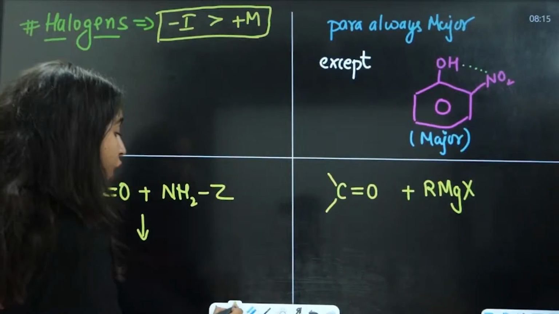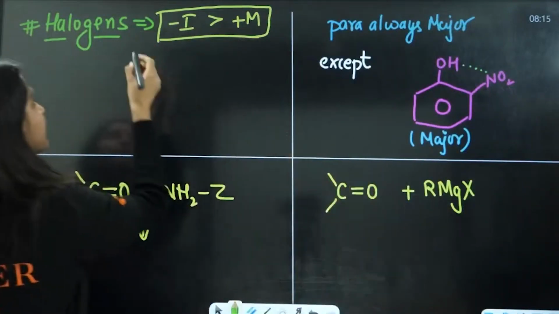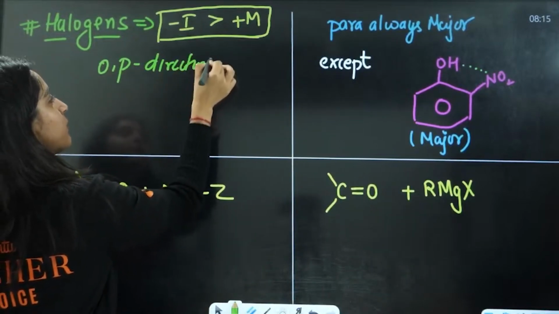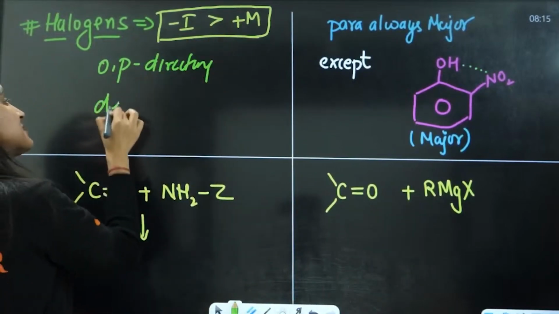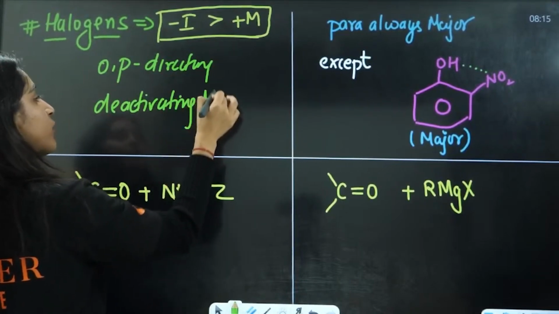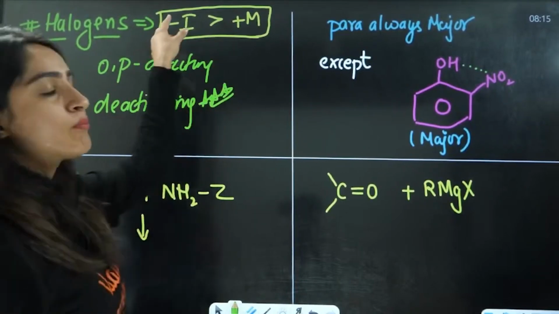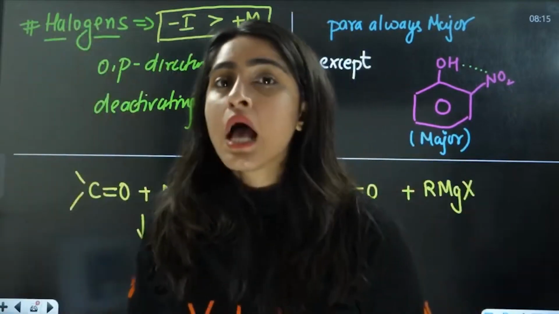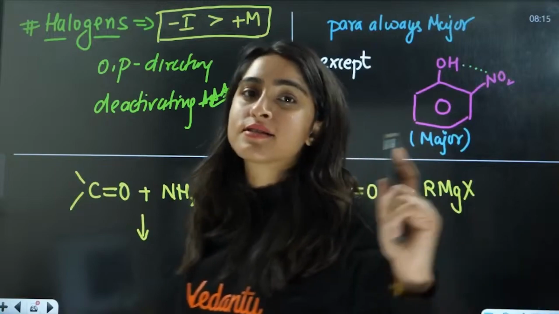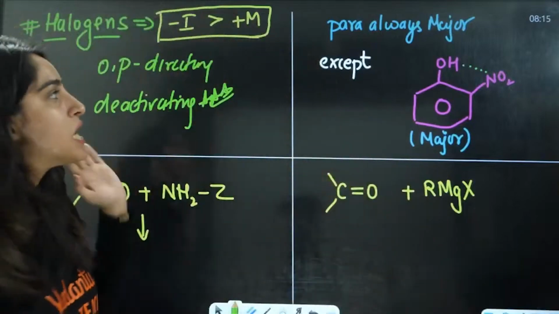That is why for halogens we write that this is ortho-para-directing because of the plus M, but it is deactivating. Very important thing. It is deactivating because of minus I dominance, but it is ortho-para-directing because ortho-para or meta-directing is decided by the mesomeric effect, right?